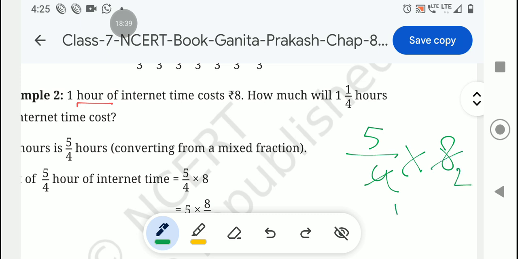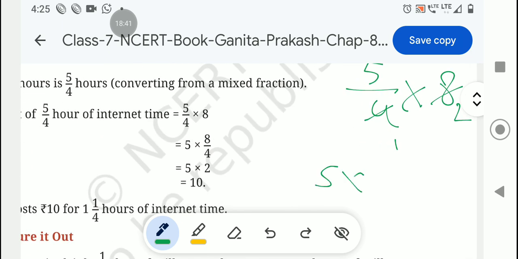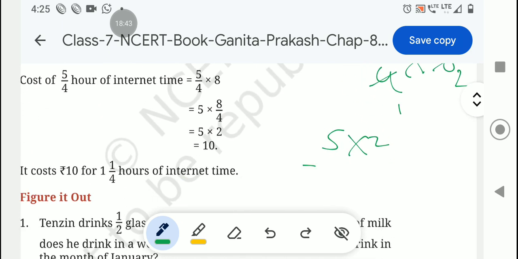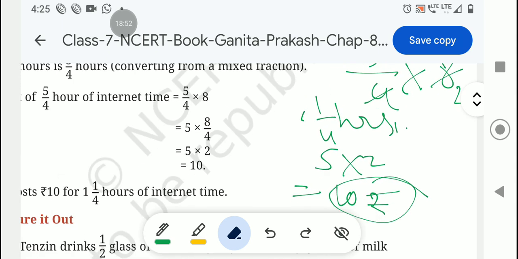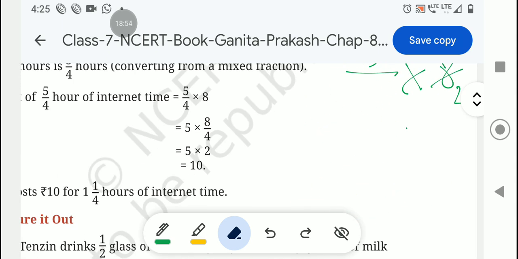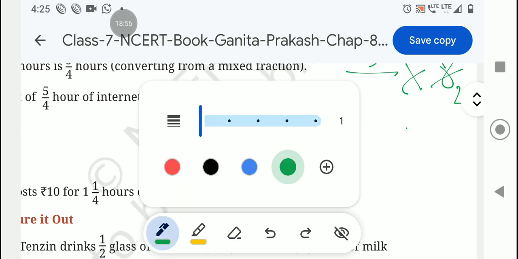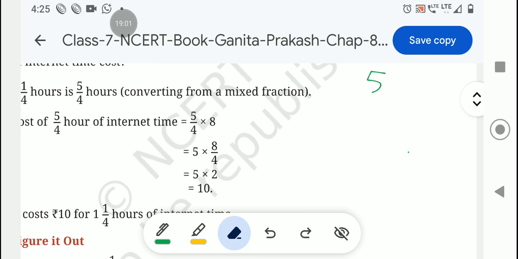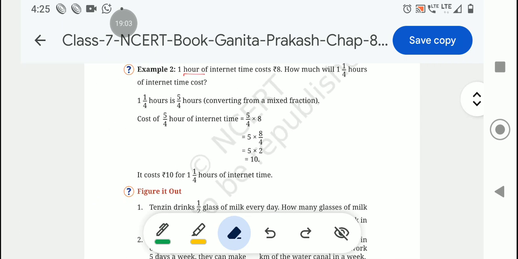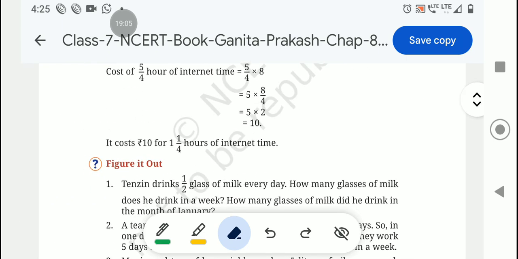Now what is remaining? 5 into 2 you have to do. 5 and 2 is remaining, 5 twos are 10. So it costs 10 rupees for 1 by 4 hours of internet usage. Okay. So that's what you will get as the answer finally. 10 rupees. Okay. You have to pay. Next. So it costs rupees 10 for 1 by 4 hours of internet time.